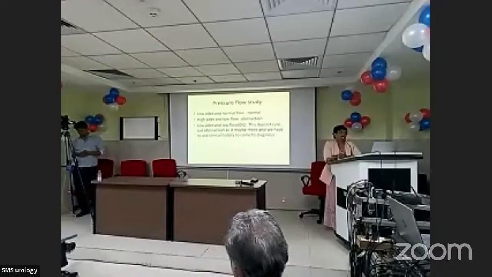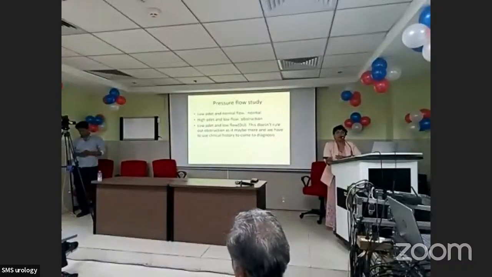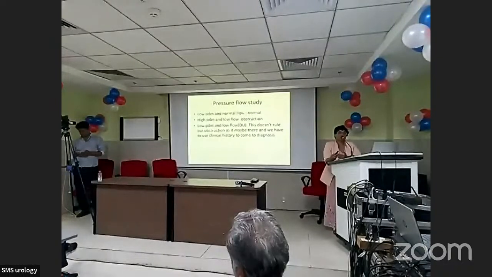So, as I told you, if the P det is normal, that is less than 40 or 50 in a male patient, and there is a normal flow rate of more than 12 ml per second, it is called a normal state. When there is a high P det and low flow, it is called obstruction. And then we come to the most difficult part of urodynamics, when the P det is also low and the flow rate is also low. Here is the place where we have to find out the cause.